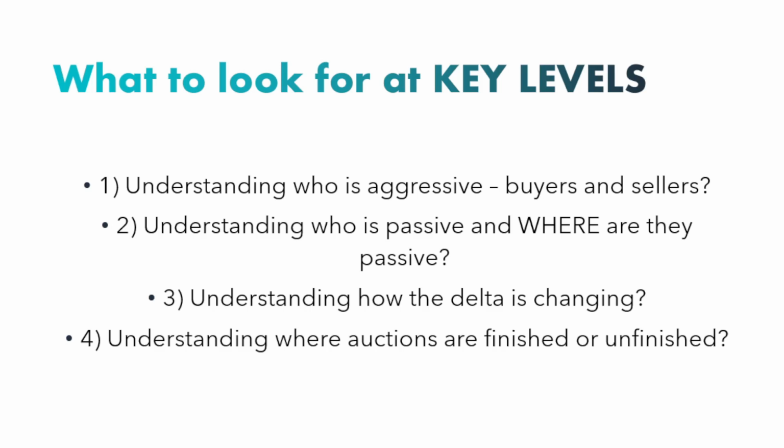Understanding how delta changes at key levels gives you an indication as to who is aggressive and who is passive, and that further validates an area of supply or demand. And the last thing we're going to be looking at, specifically with the numbers, is understanding finished versus unfinished auction, and that's something I'm going to go on to as we go on to the charts.